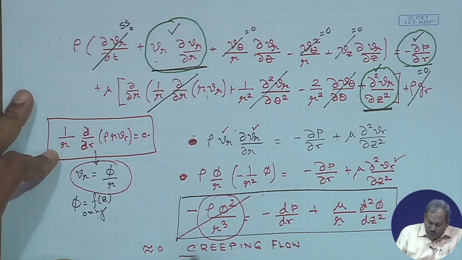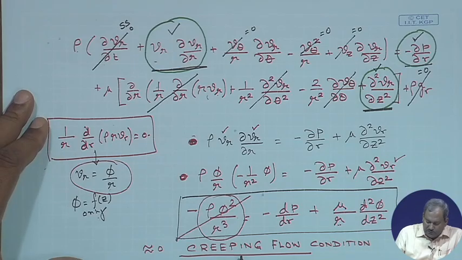Okay. So, this creeping flow condition, as the name suggests, is a very slow flow. So, the convective transport is small, but the viscous transport may not be small. So, when this term is equal to 0, that is known as the creeping flow condition.